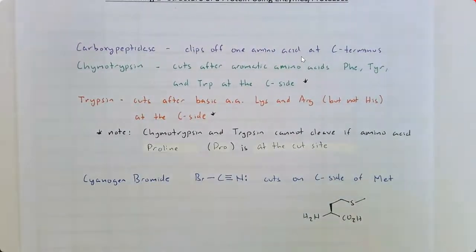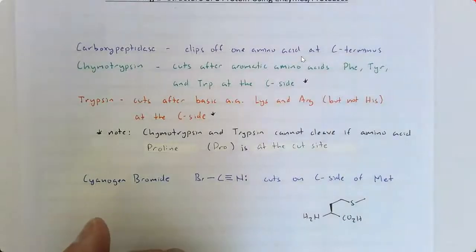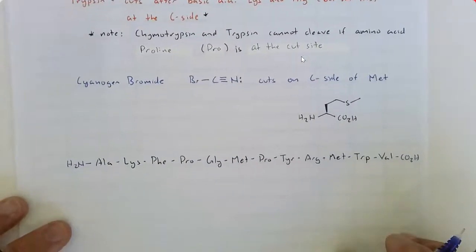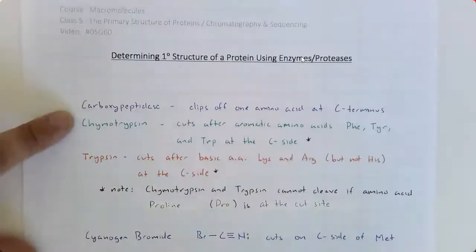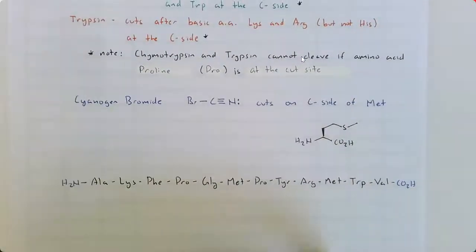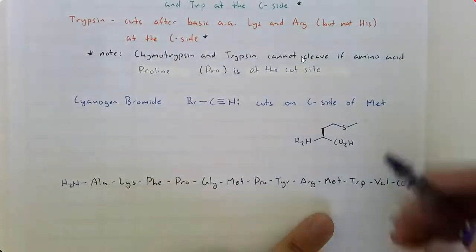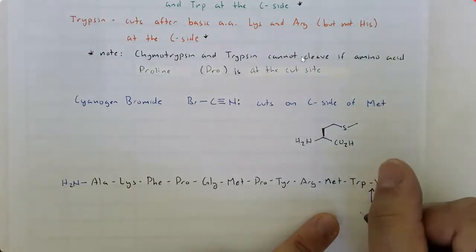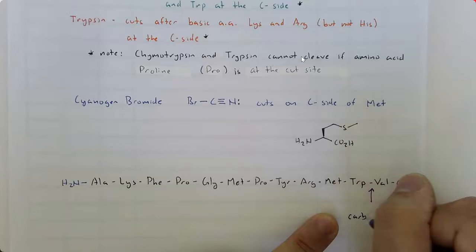Whenever you see a sequence written out like this, unless they explicitly say otherwise, assume that you're going from the N terminus, we'll just write this H2N, to the C terminus, the carboxyl group. Carboxypeptidase cleaves off the last amino acid, so we're going to write here in purple, cut, and that is carboxypeptidase. And that's it.